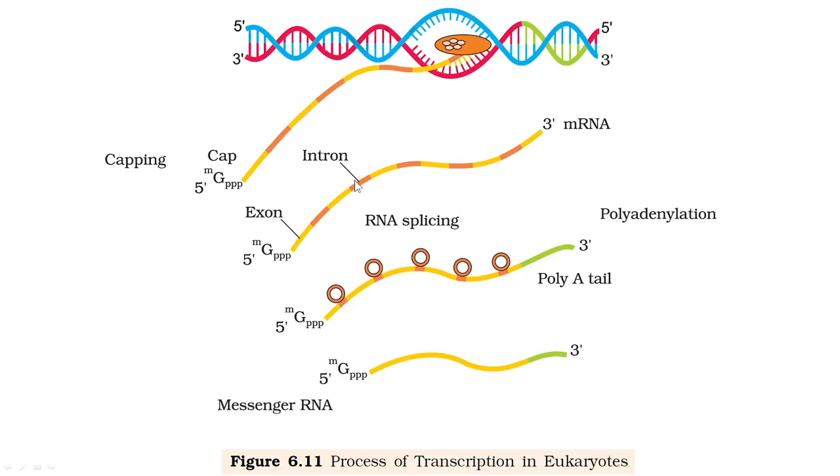Introns are the non-coding sequences, whereas exons are the coding sequences. Exons code for proteins, whereas introns don't code for any proteins. Because of the presence of introns between exons, the primary transcript, which has been transcribed from eukaryotic DNA, is not functional.